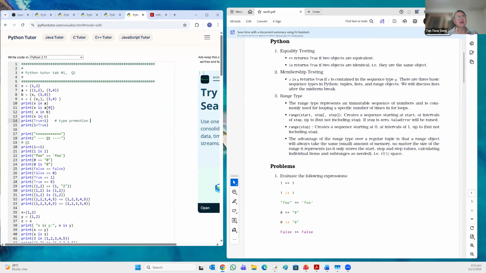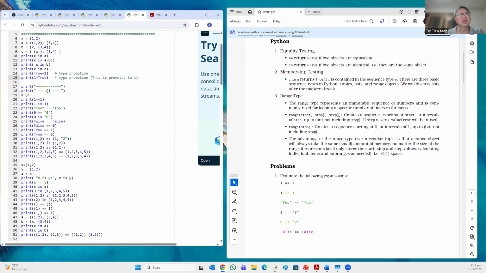It happens that the Boolean type can be promoted to integer, and then therefore it can be added with plus. Likewise for this one, this is promoting the type. True is promoted to 1. So you will know that 1 plus false means what it is.